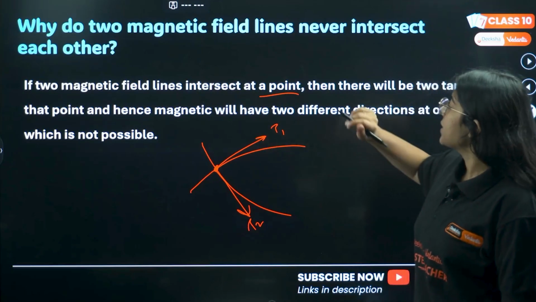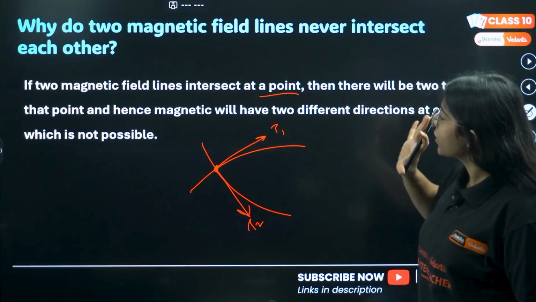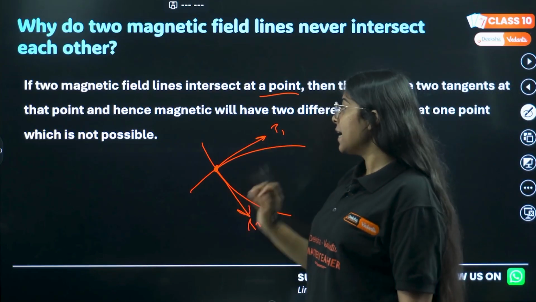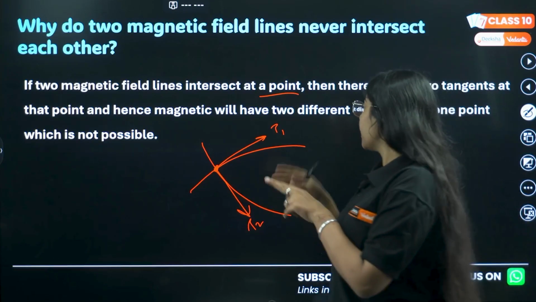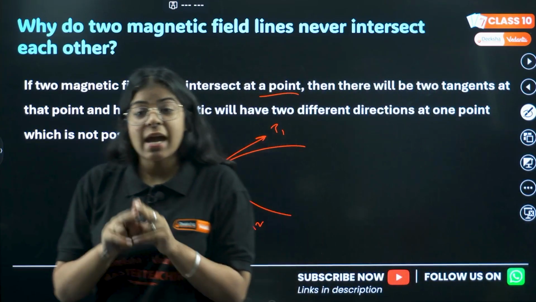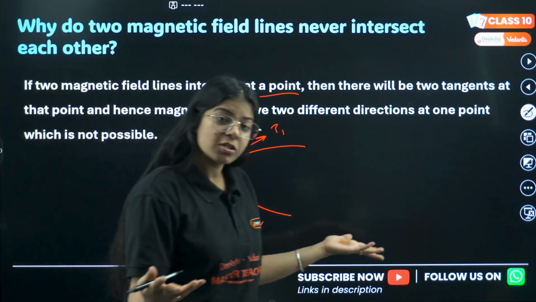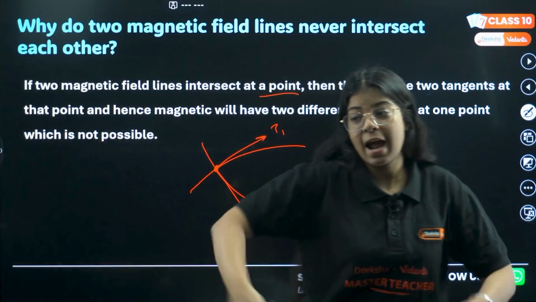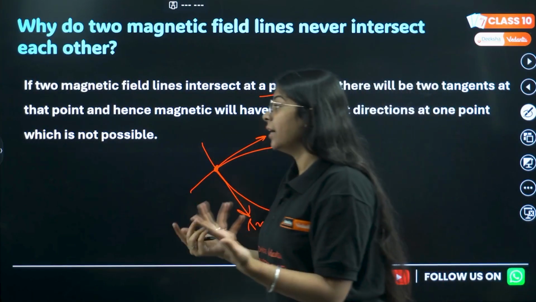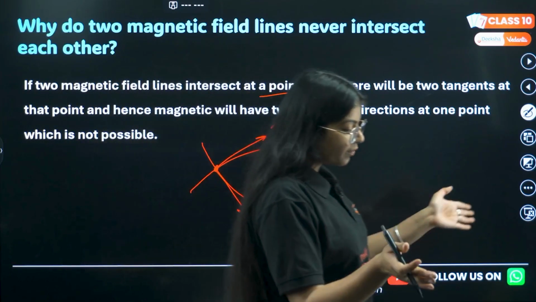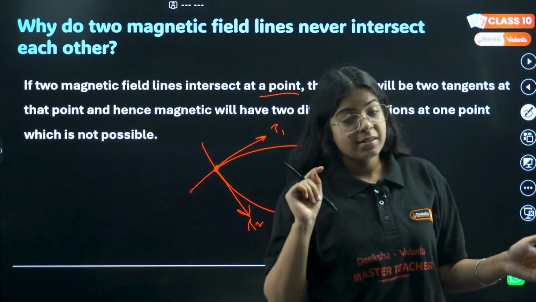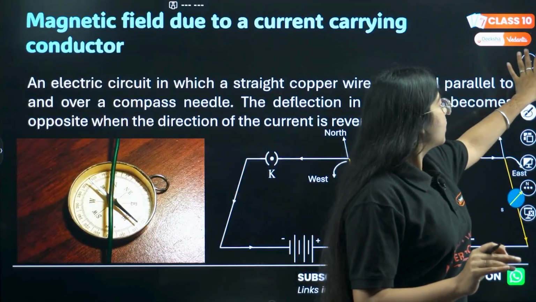Two magnetic field lines intersecting at a point means two tangents at that one single point, and hence the magnetic field will have two directions at one point, which is not possible. Of course, I can't go here and here at the same second, right? So magnetic field lines cannot go in two different directions at the same second.